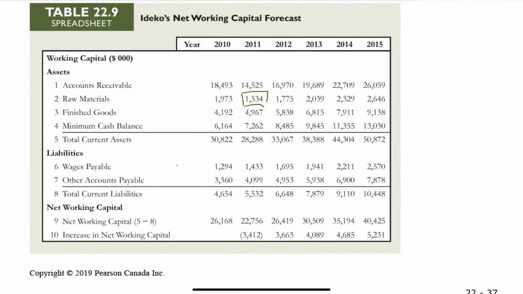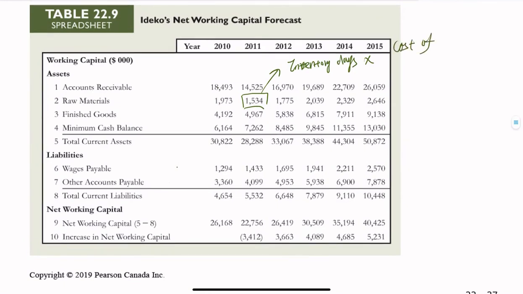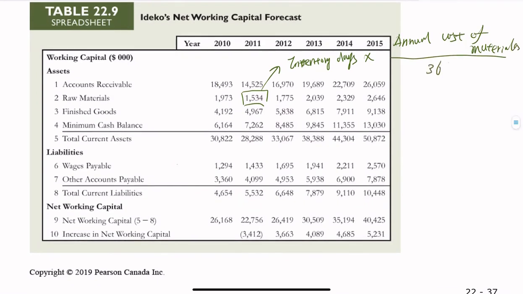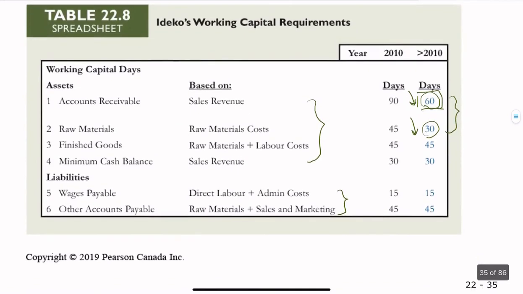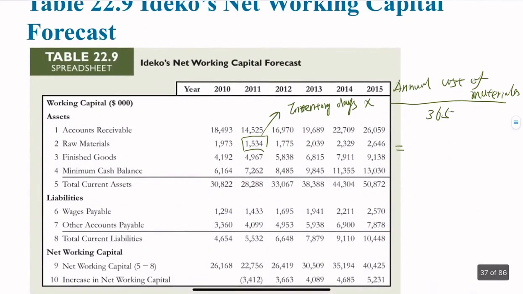Now, basically this number equals inventory days times, more accurately, annual cost of materials, right? Divided by the number of days in 1 year. And if you plug in numbers, so again, what is the inventory days? 30 days, right?